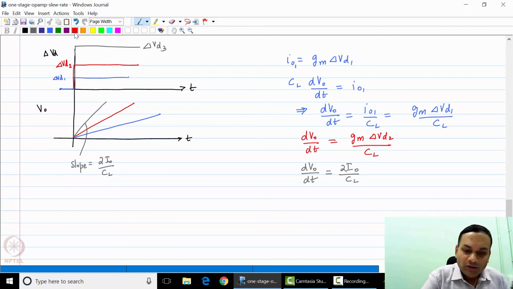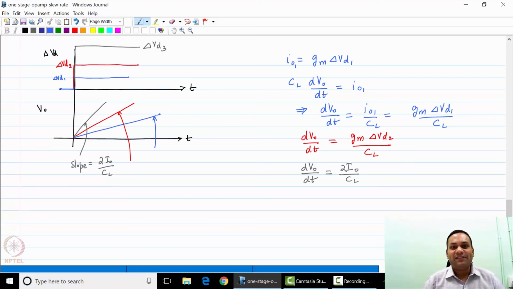Now the important thing to note is that if you were to increase delta VD any further, you would not get any further increase in the slope of the output voltage. That is important to remember. So I'll just write down the slope numbers here.